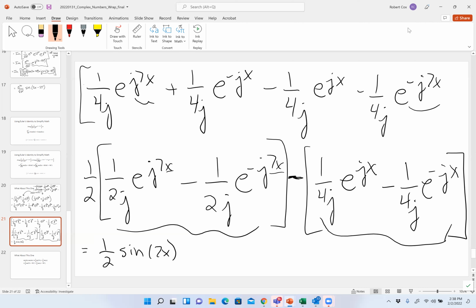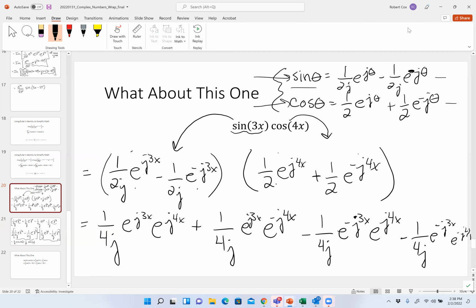It's x. So how would I write that? It's a sine of x. What coefficient's on it? -1/2.